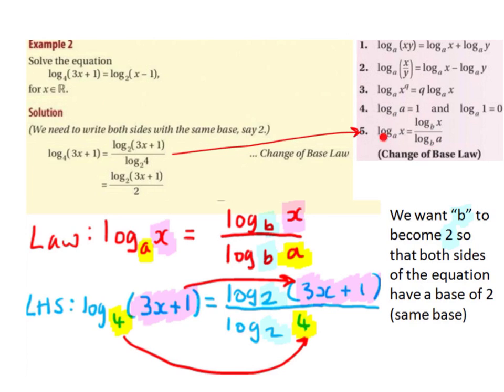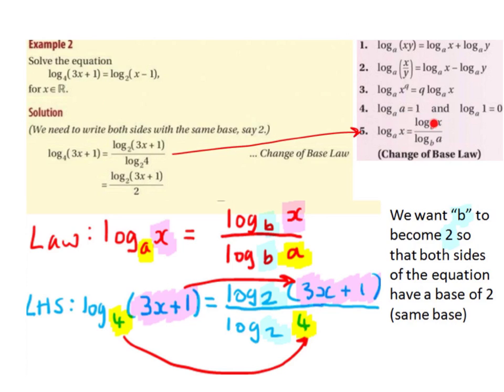So what happens with the change of base law is that the x, which in this case would actually be the 3x plus 1, goes into the numerator, and the base a goes into the denominator, and we no longer have a log base a.